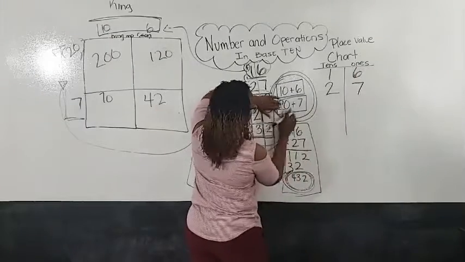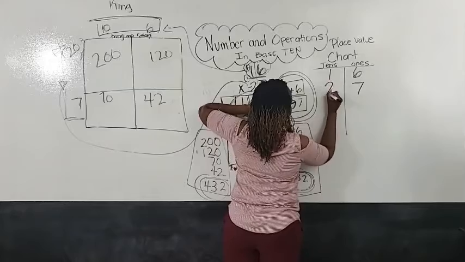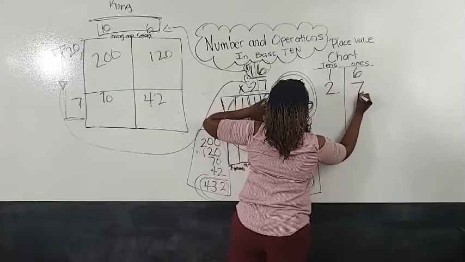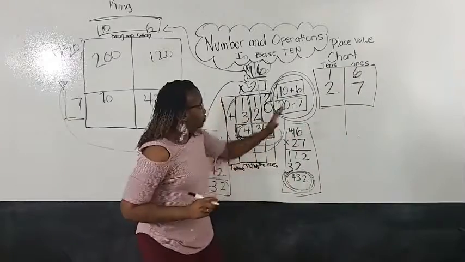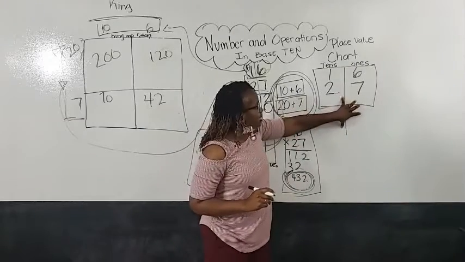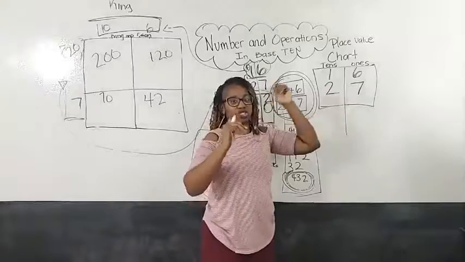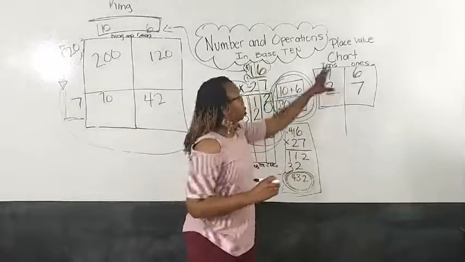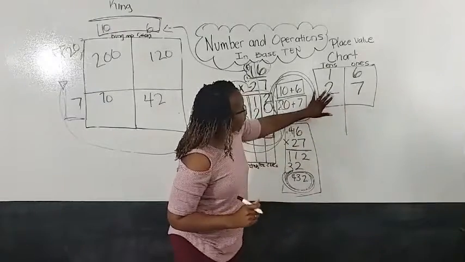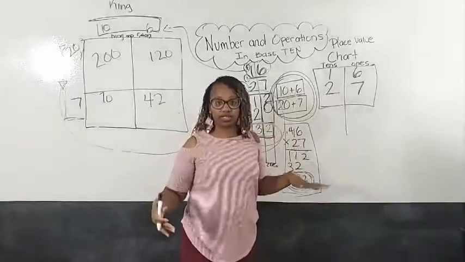Okay? And then 20 plus 7 is 2 tens and 7 ones. Okay? And that's inside of our place value chart. This is not getting us our answer. This is just helping us to build that confidence and to break the numbers down and to show them in ways that we understand or that we're learning to understand.